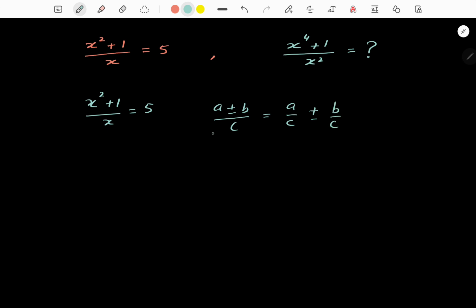So using this formula, we can write x square over x plus 1 over x is equal to 5. So this x square will be cancelled out with x, and we have x plus 1 over x is equal to 5.